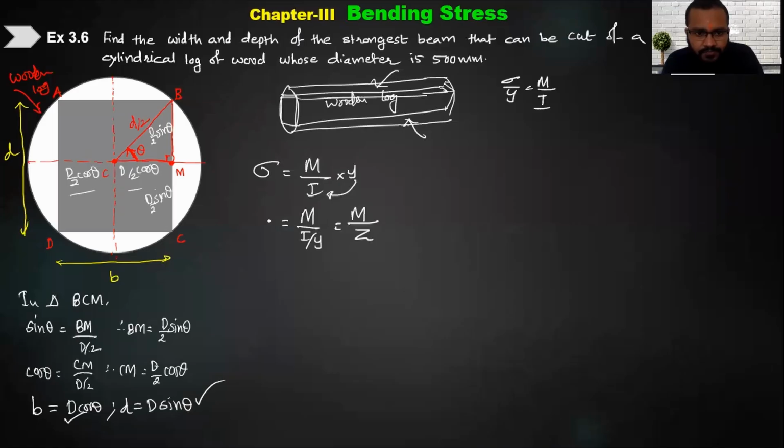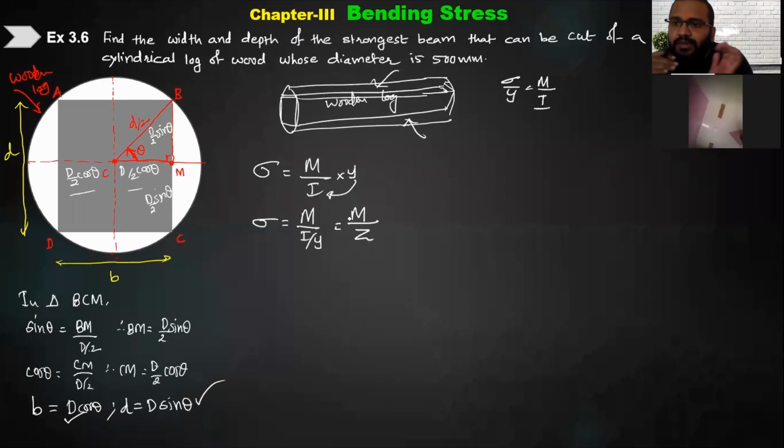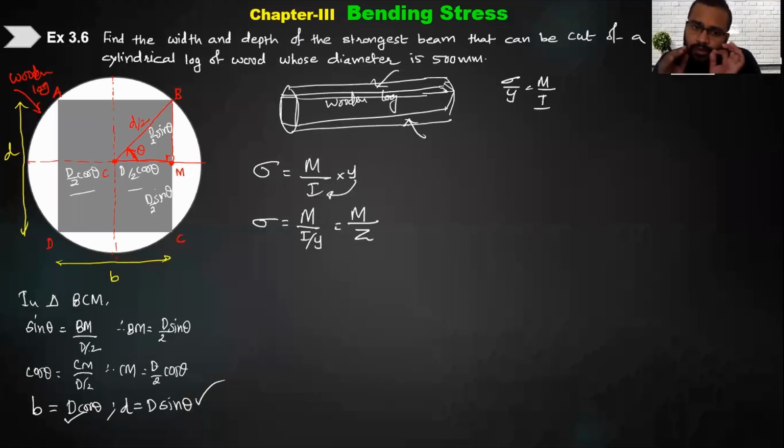Now see here. In my formula there are 3 parameters: sigma, moment and Z. Whichever beam it is, I have to find the strongest beam, right? For a particular application, the moment will be fixed. Sigma is the resultant stress. So when will my sigma be less? When my section modulus is maximum. If my section modulus is maximum, my sigma will be less.